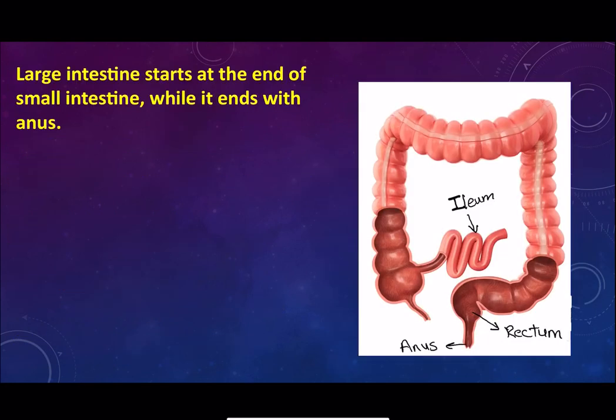What about the large intestine? The large intestine starts at the end of the small intestine. As you see, the ileum is the last part of the small intestine. So the large intestine starts at the end of the small intestine and ends with the anus.